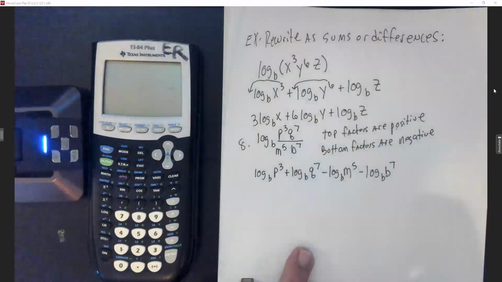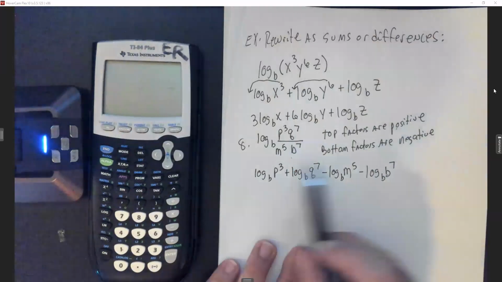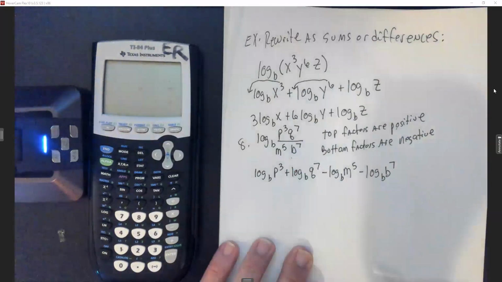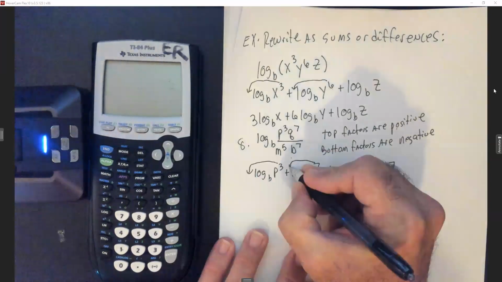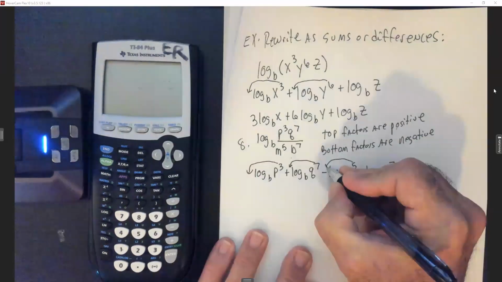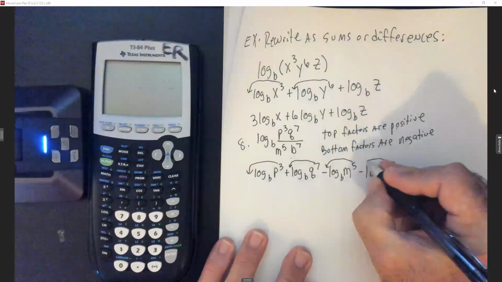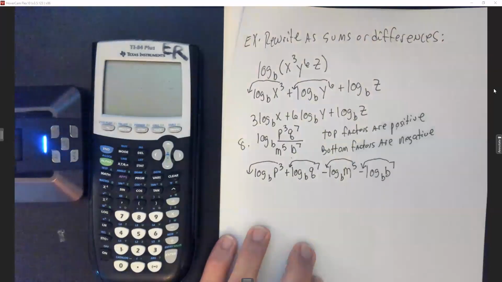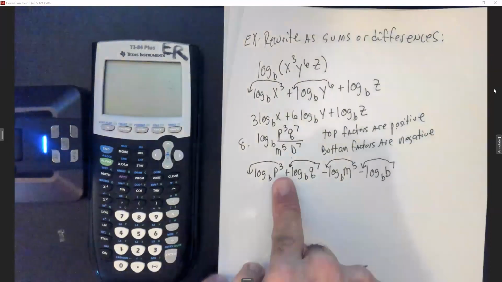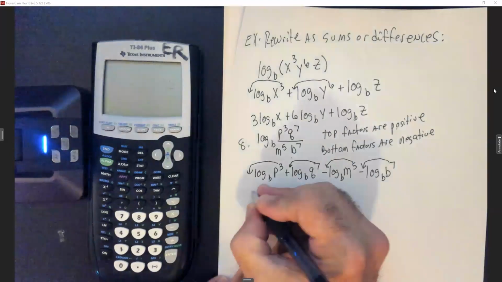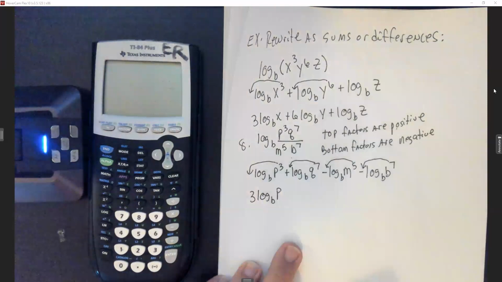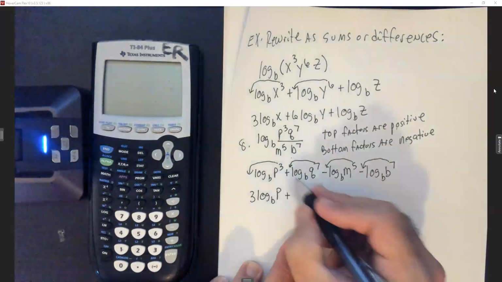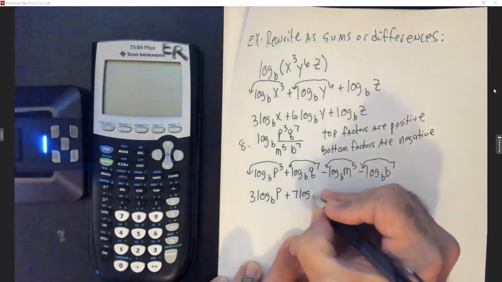Now, if you notice, all 4 of these have exponents, so all these exponents got to be brought down to the front of those logs. So this one would give me a 3 log b of p, plus this one I would get a 7 times a log b of q.